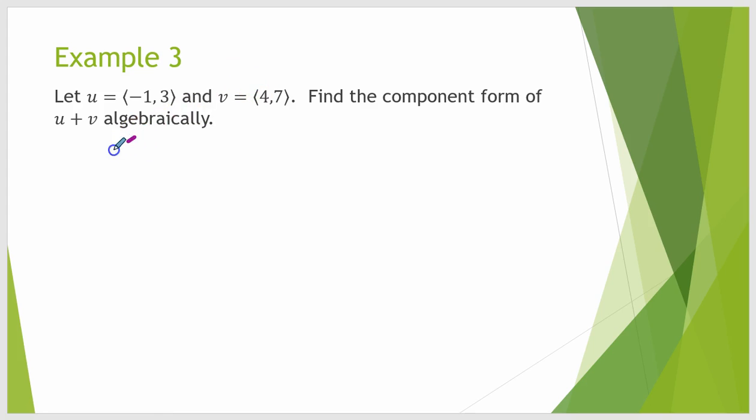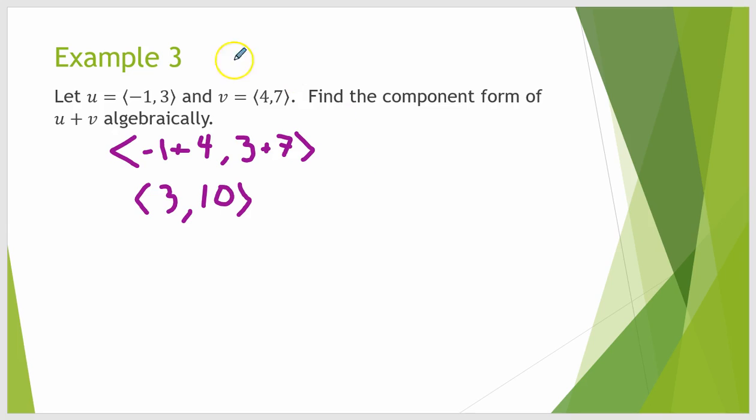Well, since we have u plus v, we just need to break this down as adding the horizontal pieces, and then comma, because this other part is like a separate answer, then we add the vertical pieces of the vectors. So then we have 3 plus 7. And if we simplify this, negative 1 plus 4 is 3, and 3 plus 7 is 10.